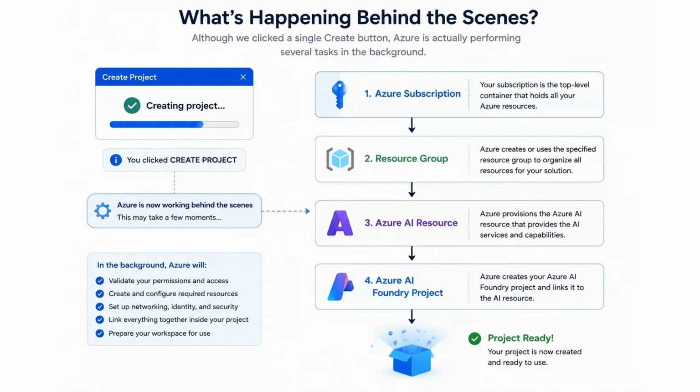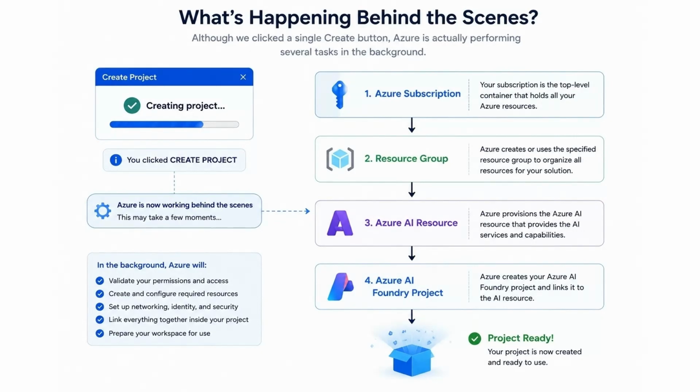Here we can create our project, deploy models, test prompts, evaluate performance, and manage connections, and eventually build our AI project. It does a lot for us. Then last is the project. This is our project.